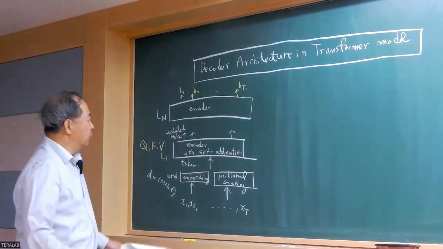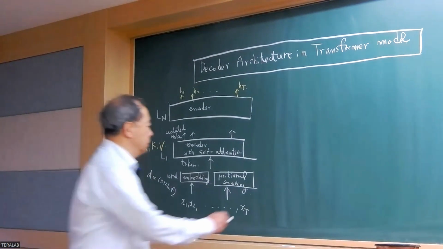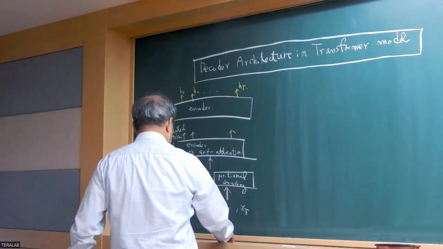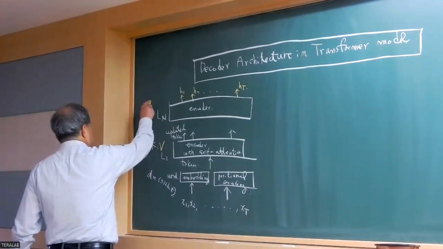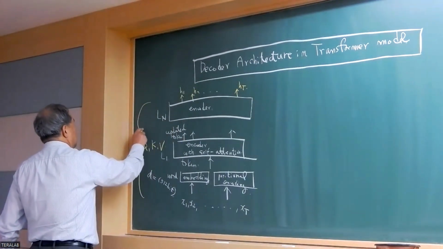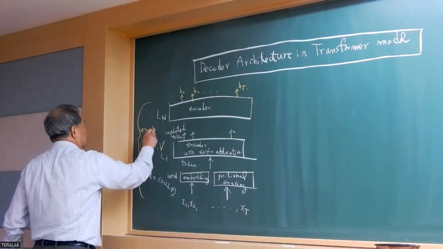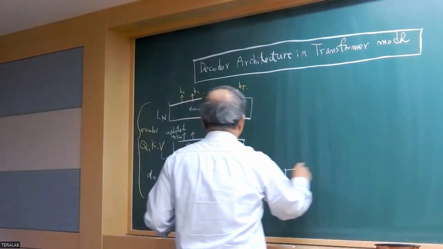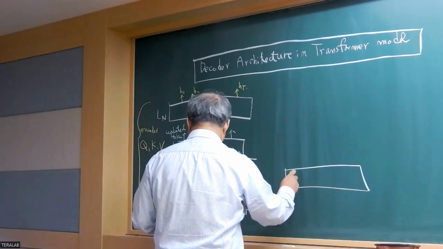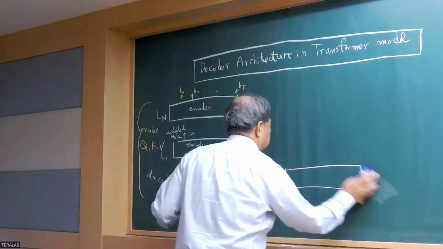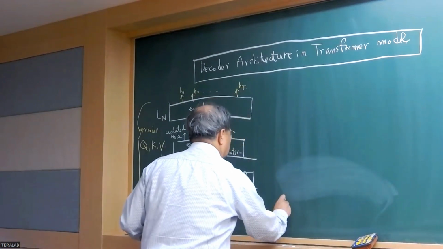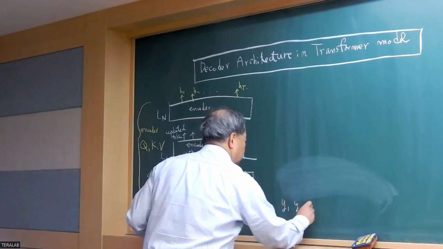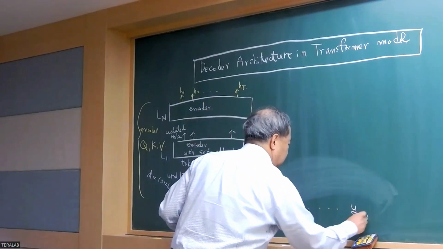Now, let's move on to the decoder architecture. This is the encoder. The decoder has T dash.